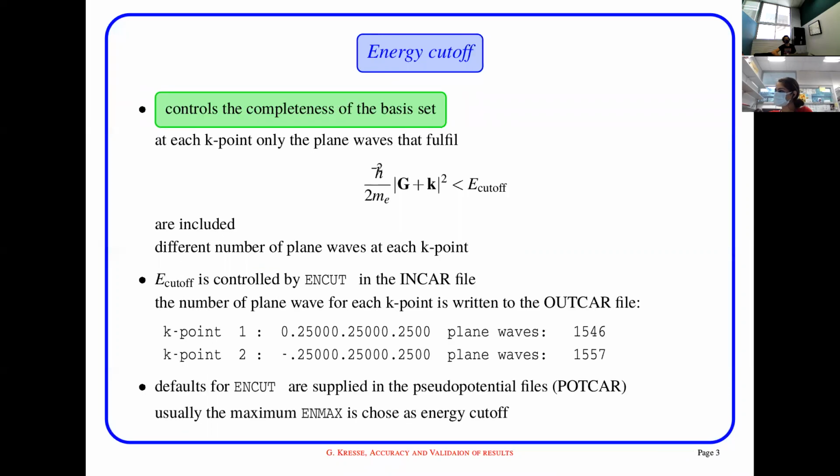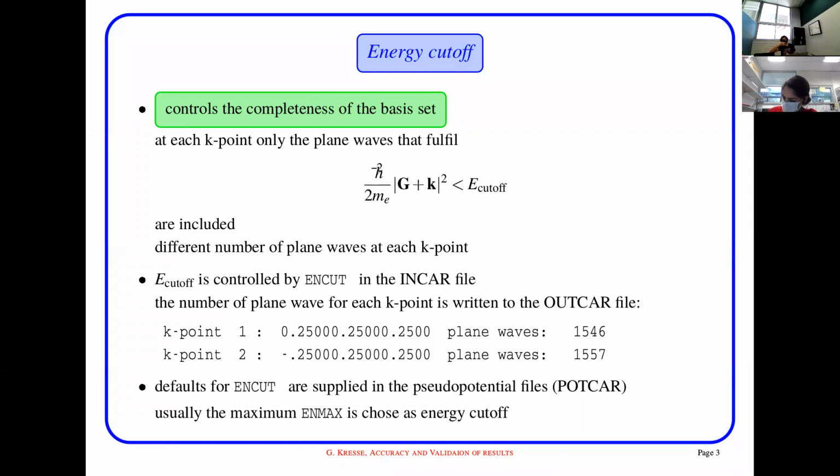So the energy cutoff, we already said in the very first lecture, is just controlling the threshold where we are stopping the kinetic energy of the electrons.